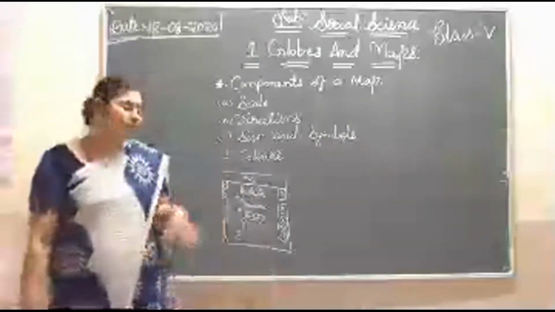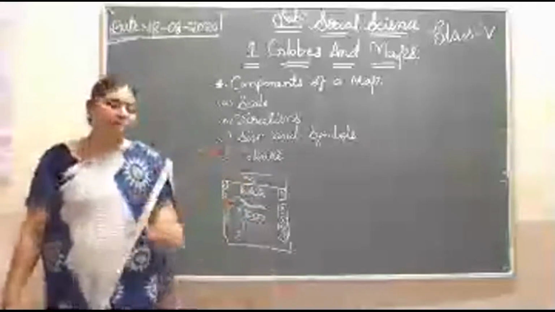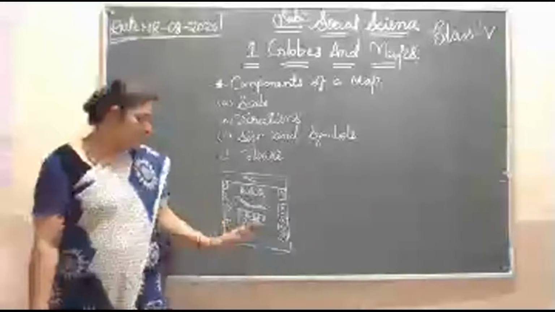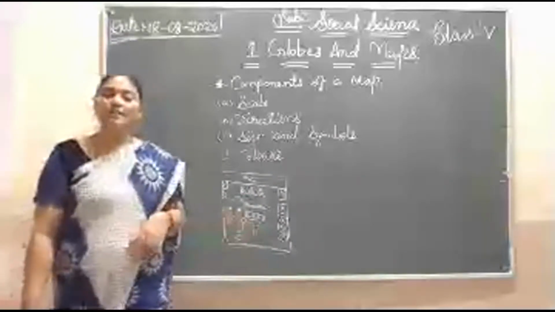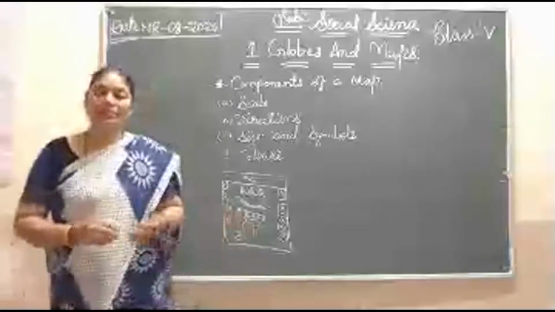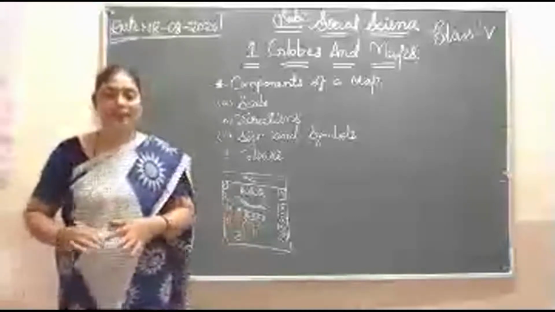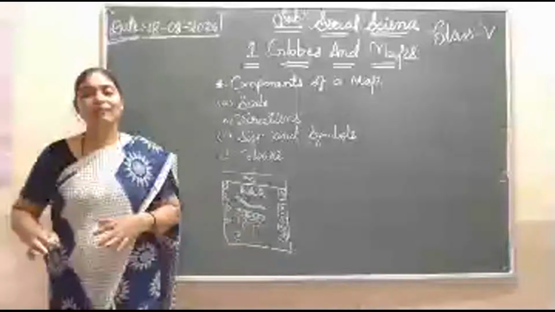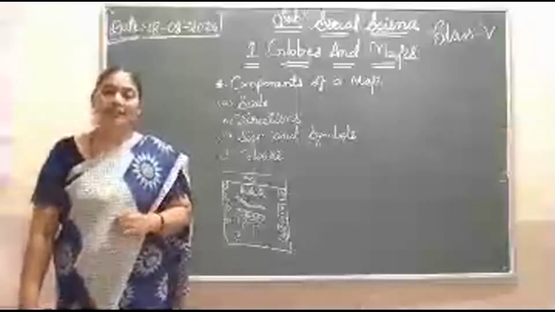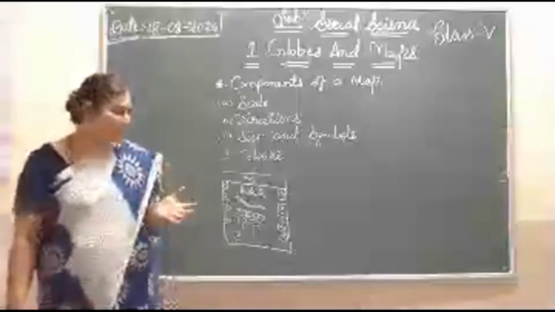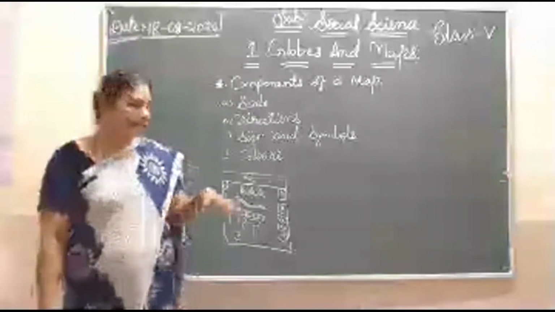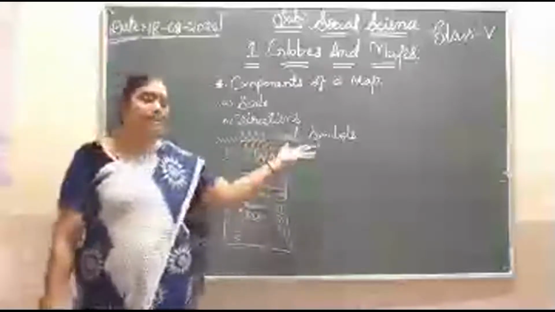Okay. So by the help of signs and symbols, these are the symbols. So these are the colors. So these are the symbols and signs. So with the help of this, in the map we can understand where is the highway, where is the railway line, where is the river, where is the coastal lines, and many forests, hills, ghats, all those things we can understand easily by the help of the signs and symbols.